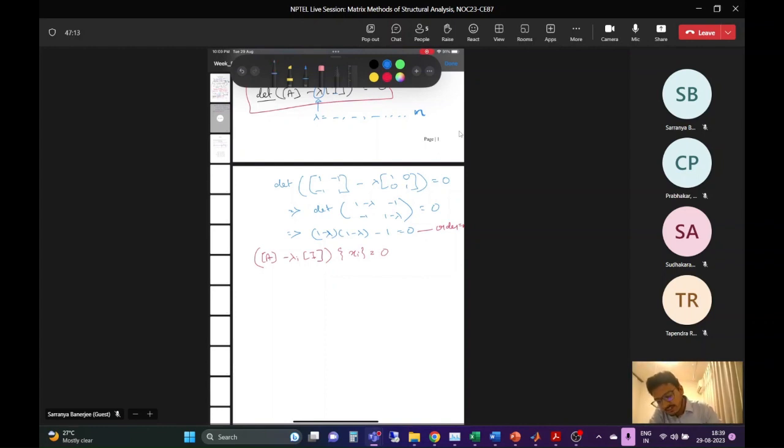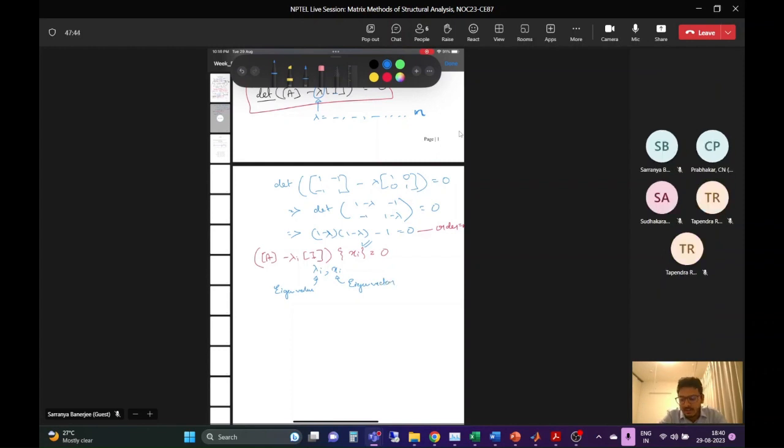The system of linear equations which we had is converted to this kind of system where for each lambda you will get a solution for x. So this pair lambda i comma xi, the lambda i is called the eigenvalue, and the xi is called the eigenvector.